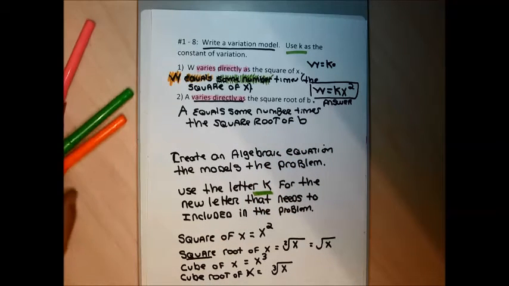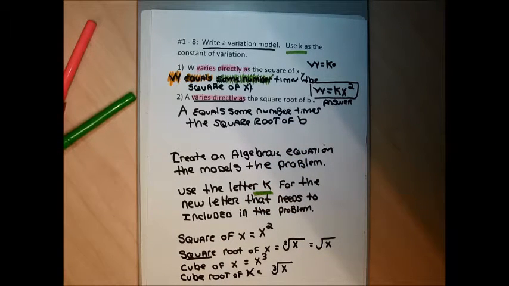So just like I did the last problem, I'll just go through, read the problem from left to right, leave the letters as letters, change some of the words into symbols.